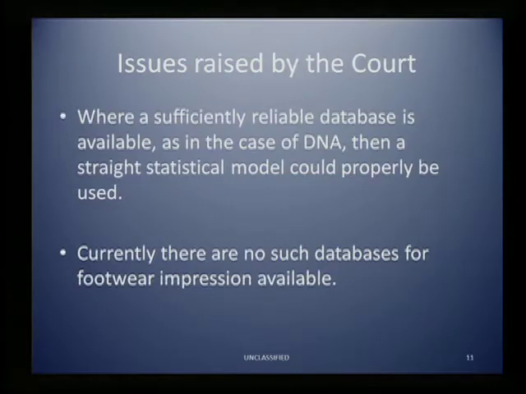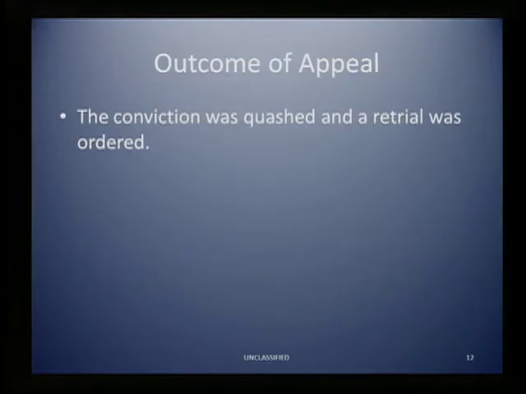The court also stated that where a sufficiently reliable database is available, as in DNA, then a straight statistical model could properly be used. And at this current time, footwear does not have that. In the outcome of the appeal, the conviction was quashed and a retrial was ordered.